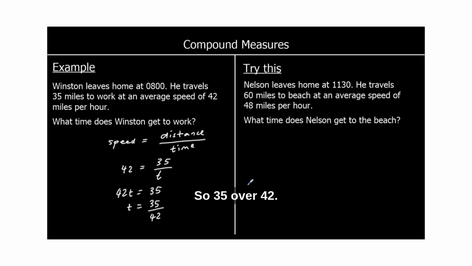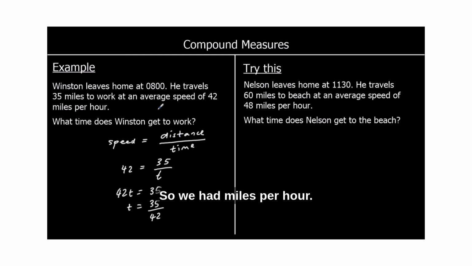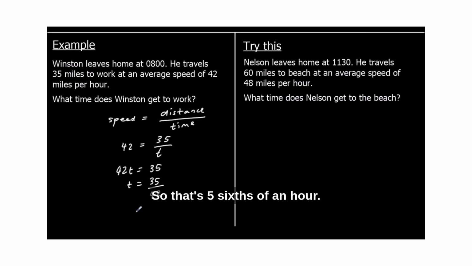So 35 divided by 42 is 5/6. And what is that? So we had miles per hour. So the units for time are hours. So that's 5/6 of an hour.